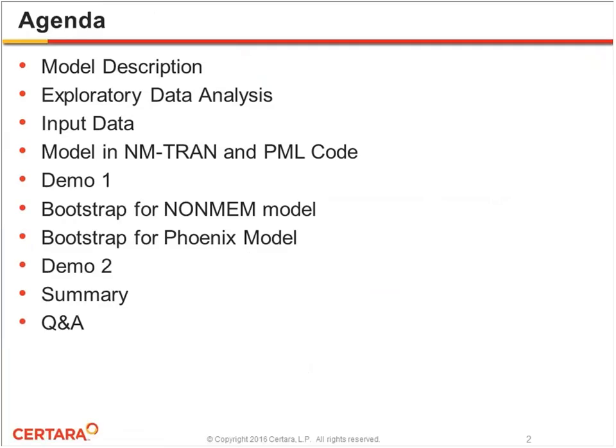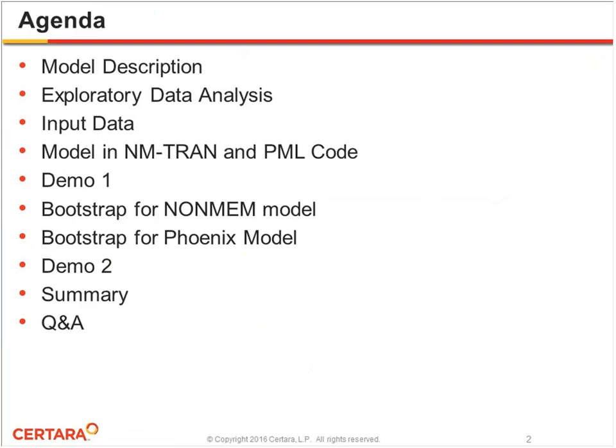Moving on. So this is the agenda for today. Typically, we start with a brief model description. Then we look at the first profiles and do an exploratory analysis. And then, as usual, we compare the input data for the NONMEM and the NLME model. The main part consists of the detailed comparisons of the individual codes, the NM-TRAN code for NONMEM and the PML code for Phoenix NLME.